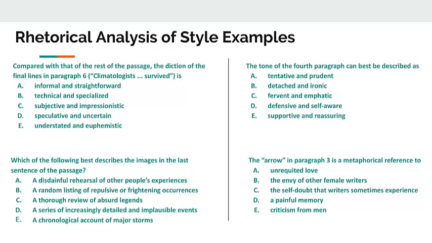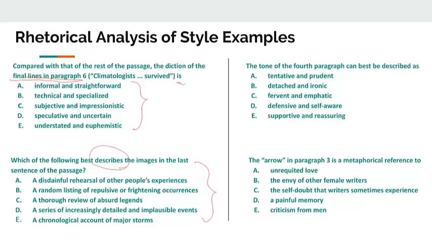Compared with that of the rest of the passage, the diction of the final lines in paragraph 6 is... and they're asking you to describe the word choice in that moment. Which of the following best describes the images in the last sentence of the passage? Again, how would you describe the images?